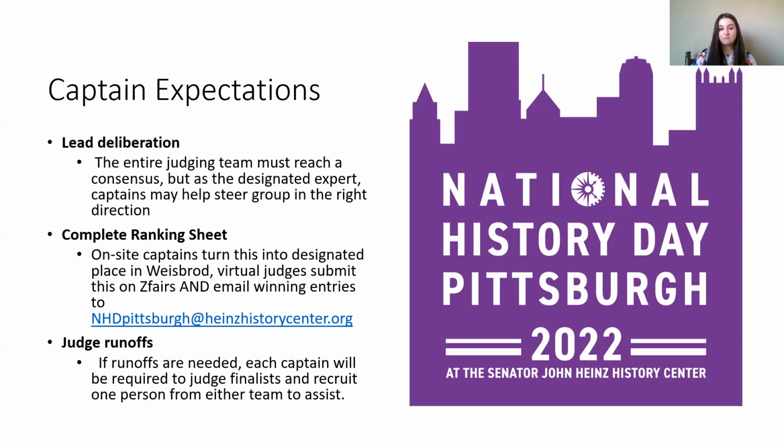Each captain of those 2 junior individual website teams will be expected to judge the finalists and recruit 1 person from either team to help. So our finalist judging round will still be a team of 3 judges. It will be 2 captains and 1 other person from either team.